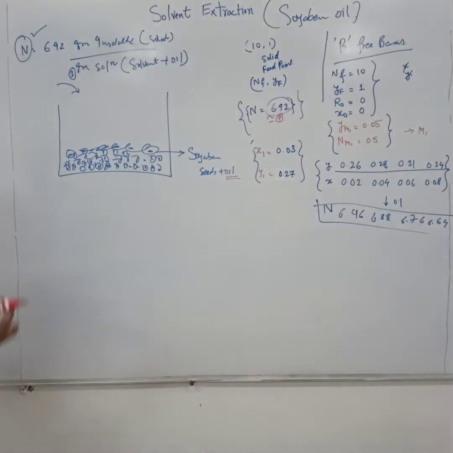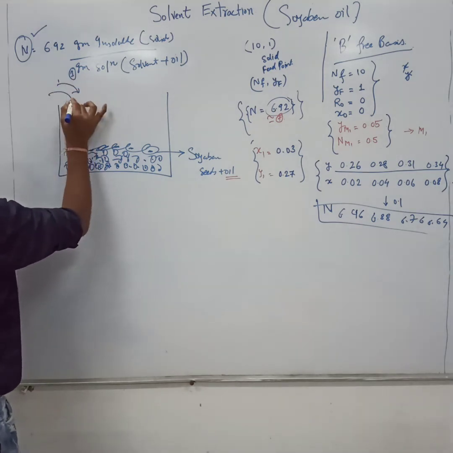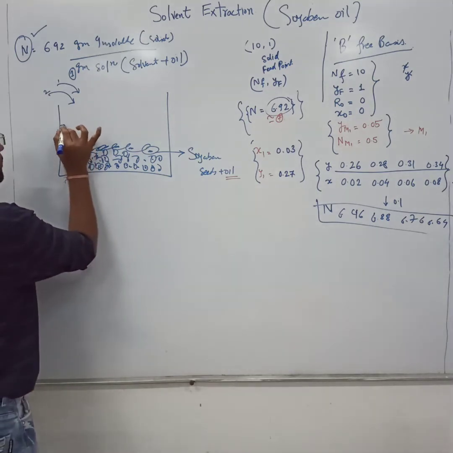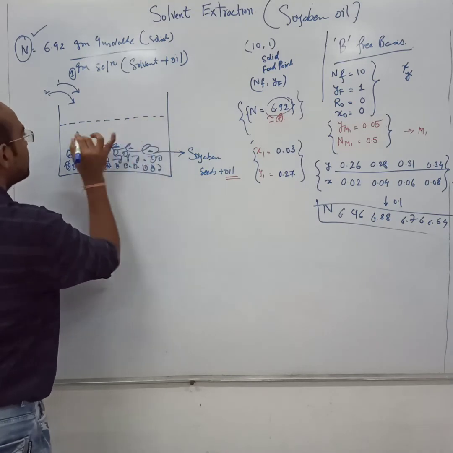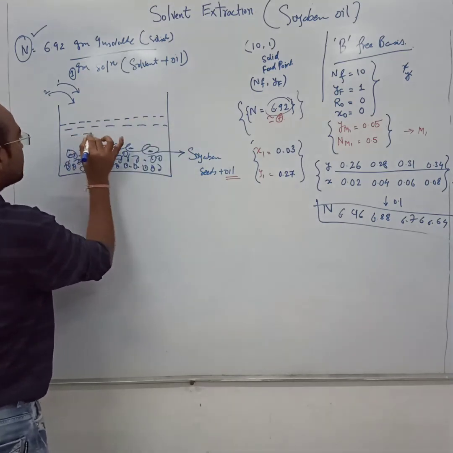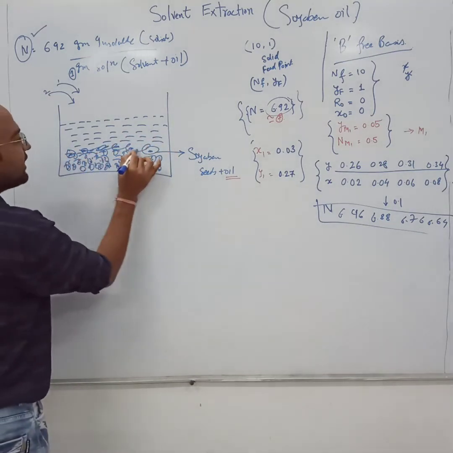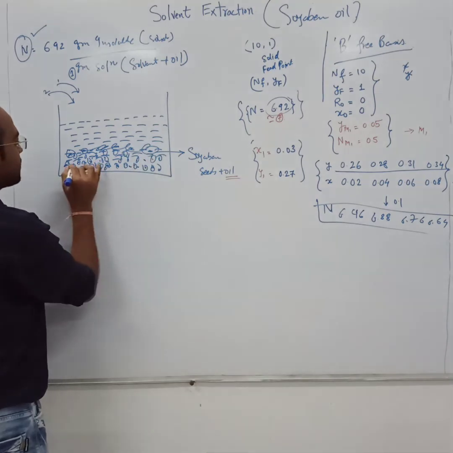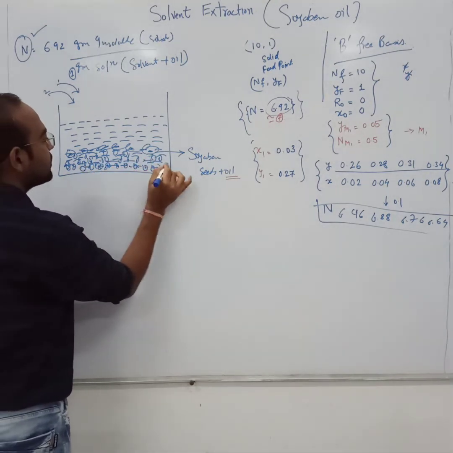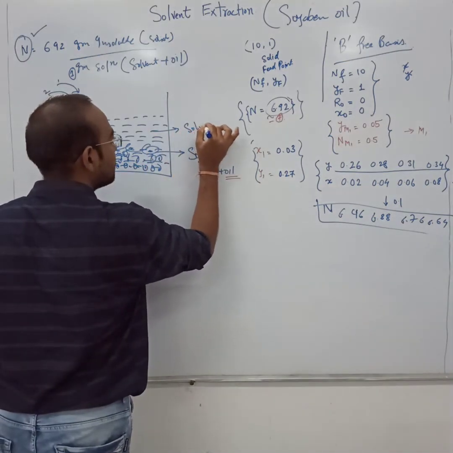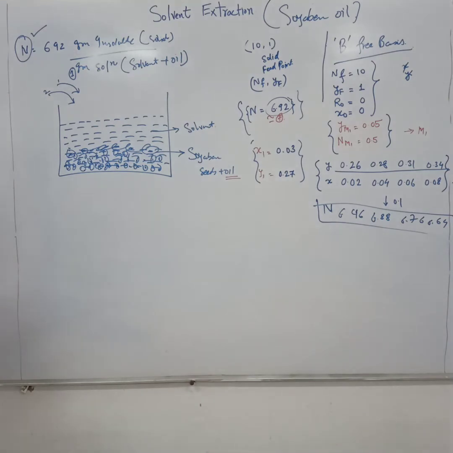Oil is already present in your seeds, and after that, this is your first inlet. This is your second inlet, the second inlet of your solvent. And the solvent gets completely contacted with your seeds. This is the initial condition.